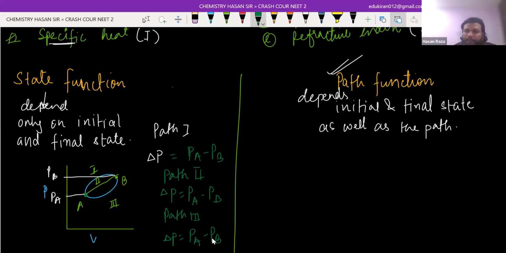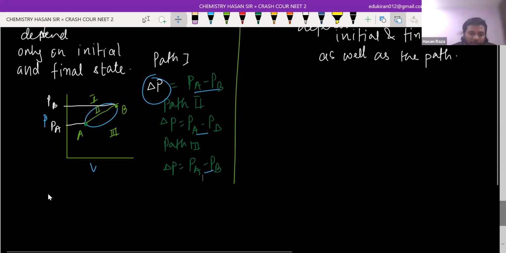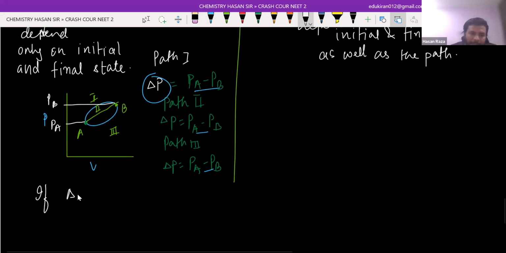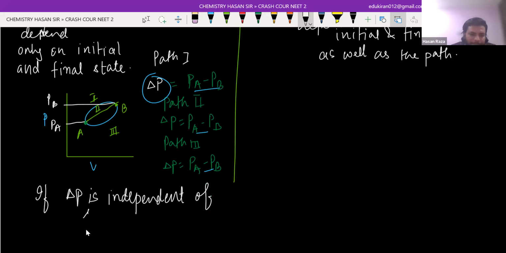So the change in pressure in all the paths is the same. Basically we can say that if delta P is independent of path, then P is a state function.